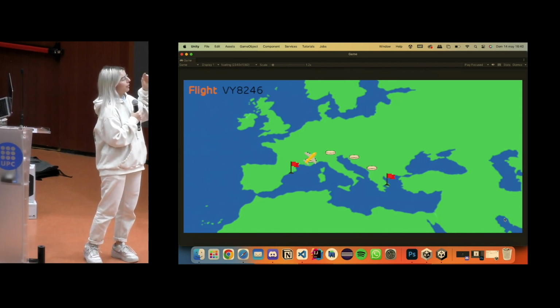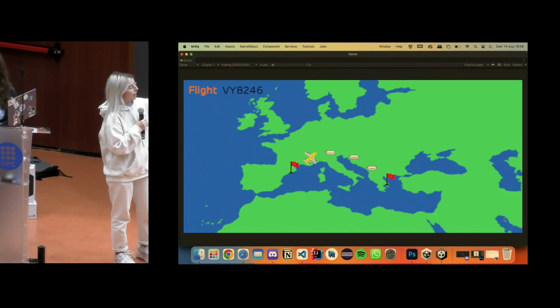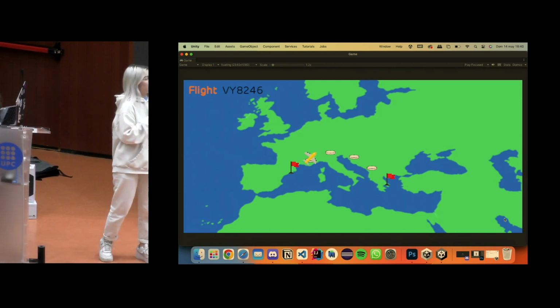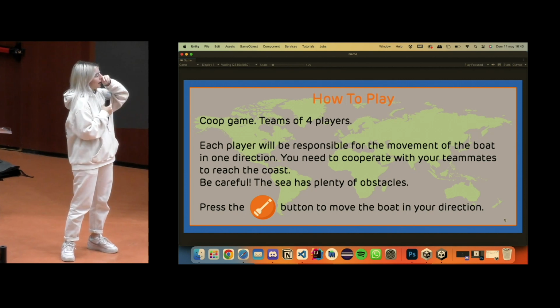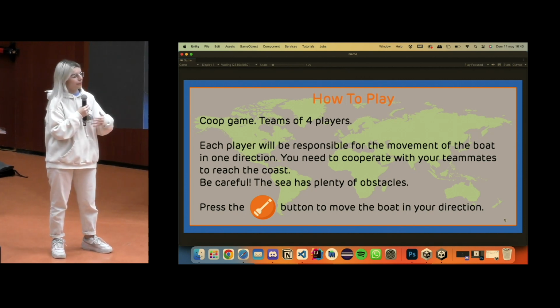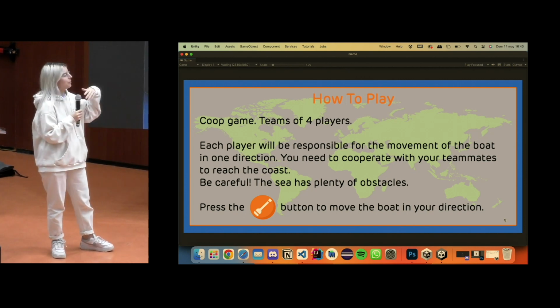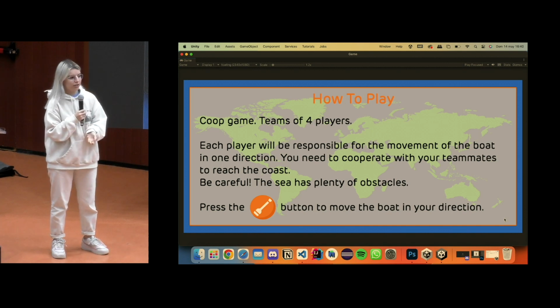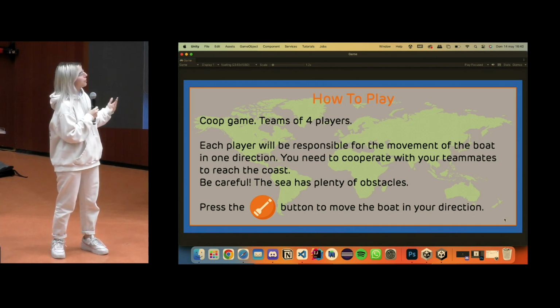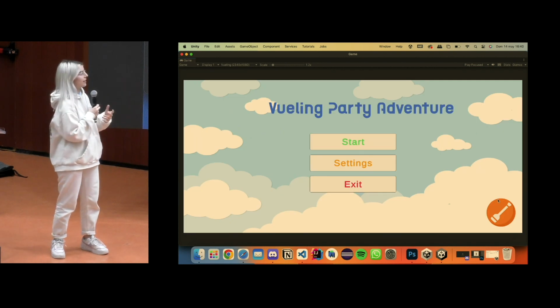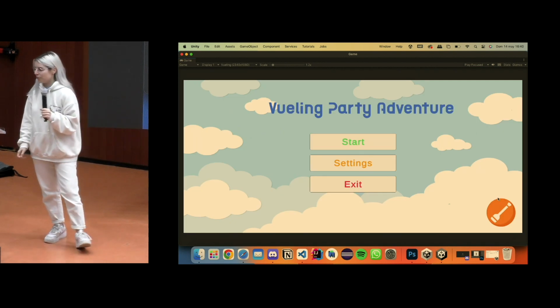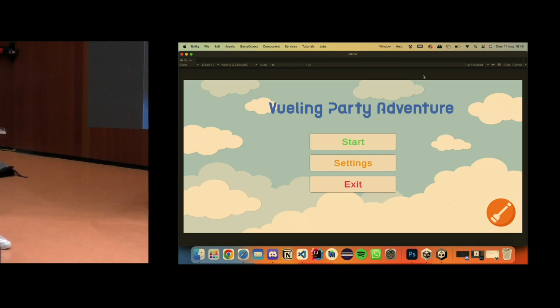For example, from Barcelona to Athens, you will have 4 games because it's a short trip, and the games will be themed as the destination. If you go to Norway, for example, you will have games themed more snowy. So for you to know how the game is played.